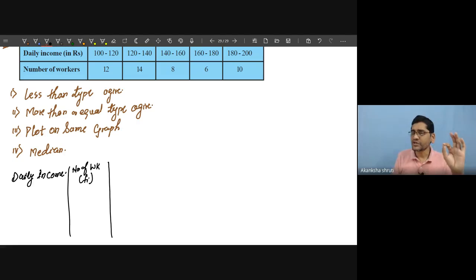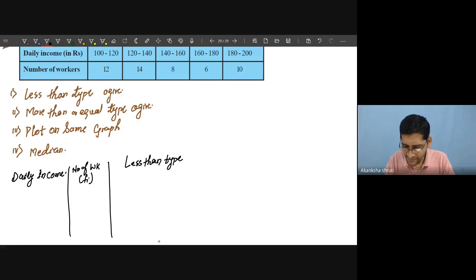After this, we have to draw two kinds of table. Okay, student? So two kinds of table we will write. It is for the less than type. So for less than type, we will write the cumulative frequency for less than type.